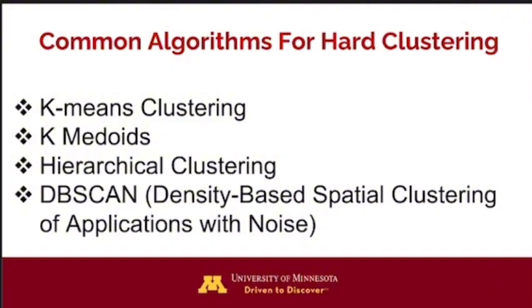Today we're going to be focusing on K-means. On Wednesday, it's going to be K-medoid and hierarchical clustering. And on Friday, it's going to be density-based spatial clustering of applications with noise and the generalized Gaussian mixture model. Let's get started.